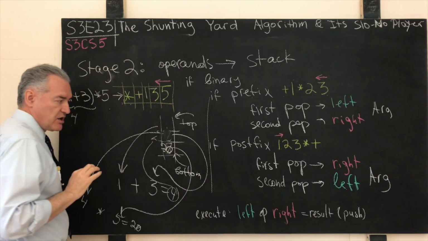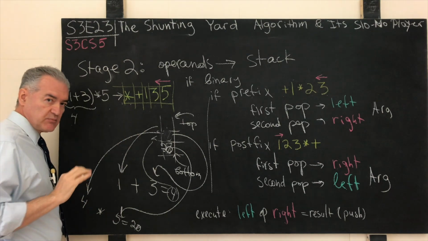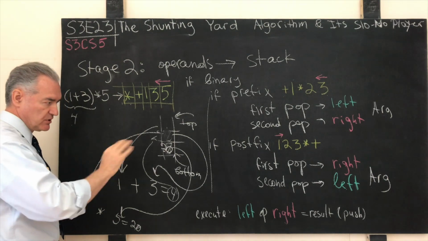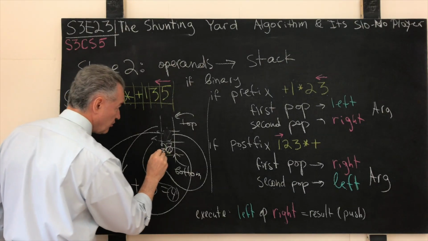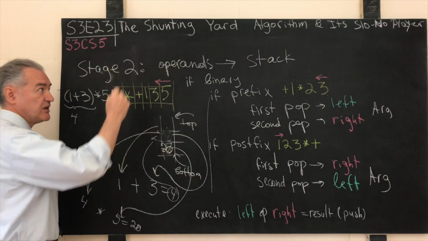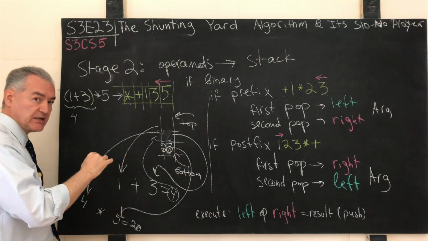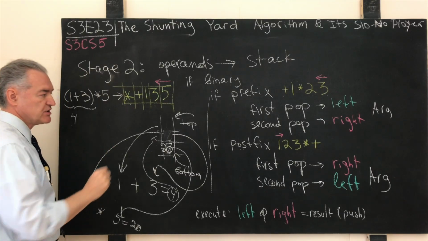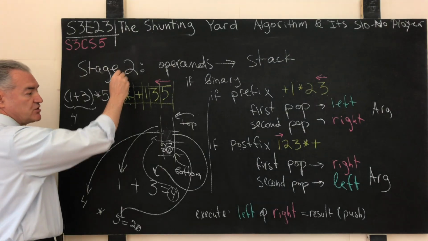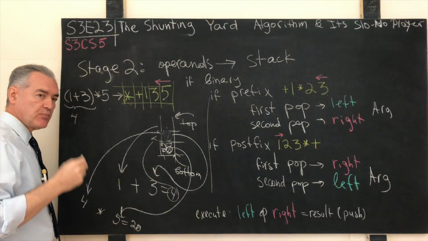I gloss over all sorts of error handling because then we will get bogged down with the details that are not really relevant. But here at this point, once the expression was in the correct arithmetic form, the parentheses were balanced, everything makes sense. It's a nice, clean, correct arithmetic expression. At the end of the computation of stage 2, there should be only 1 entry at the top of the stack.